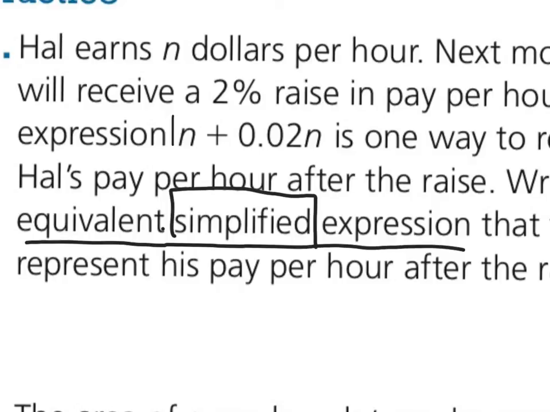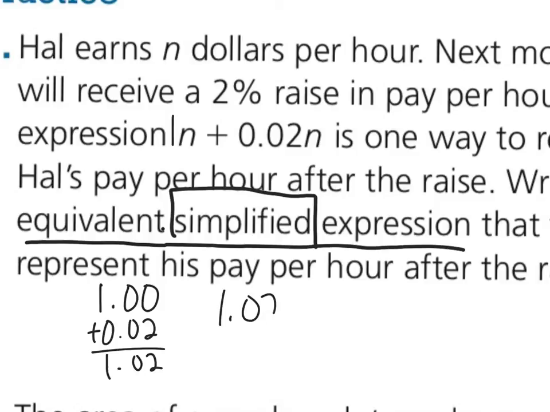So we've got 1N plus 0.02N. These are like terms, so we can combine them. The decimal point would be after the 1, so that'd be the same as 1.00 plus 0.02 would be 1.02. So that would give us 1.02N as an equivalent simplified expression.